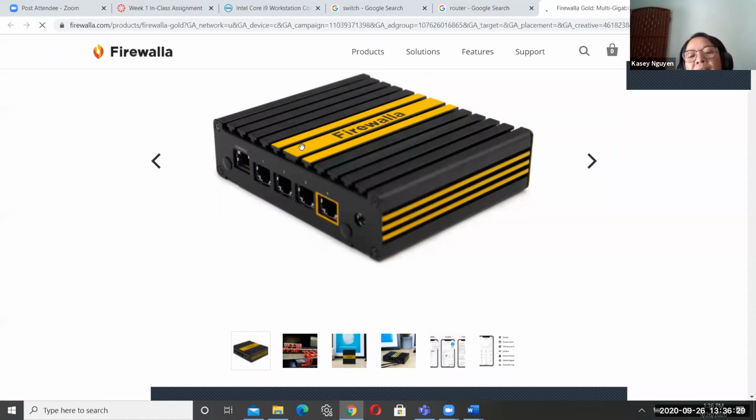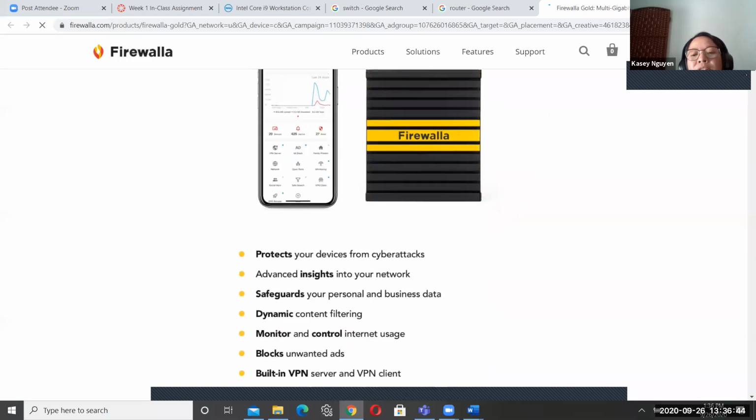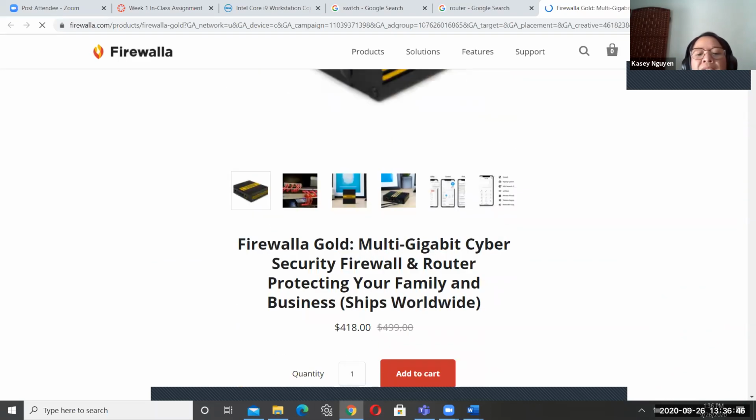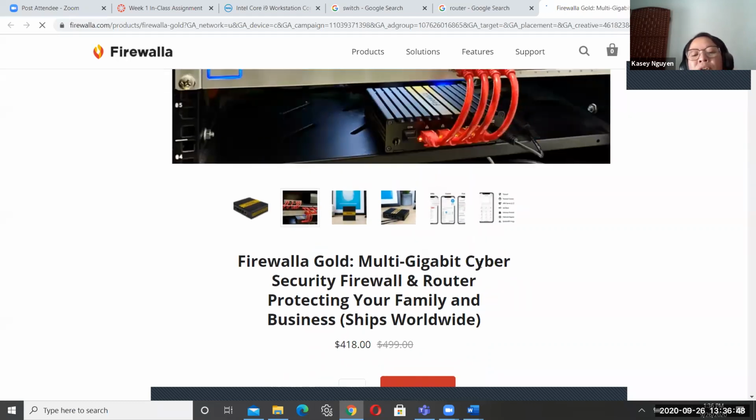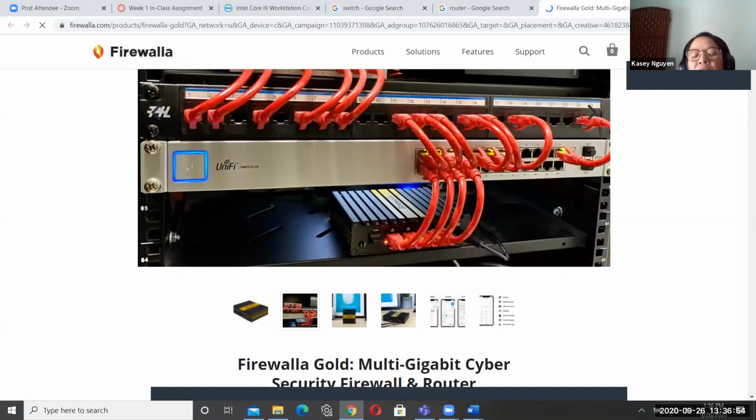So when you look at a router, you need to take a look at what type of cable you can connect to it, the media, okay? Also the capability on how it would route, okay? So even if it comes with VPN and the capability to control it, it might not be what you need, okay? So this would be good for maybe smaller scale, medium size.